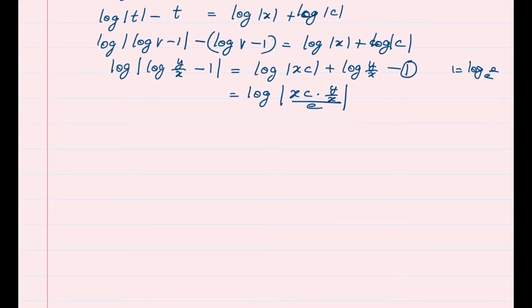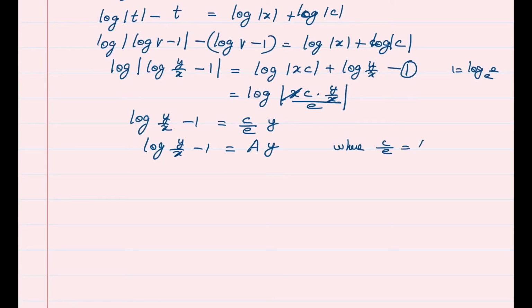Now cancelling log functions on both sides, we get log of y by x minus 1 is equal to, here x gets cancelled, we get c by e times y. Log of y by x minus 1 is, c by e is a constant. I will take it as a, where c by e is a.